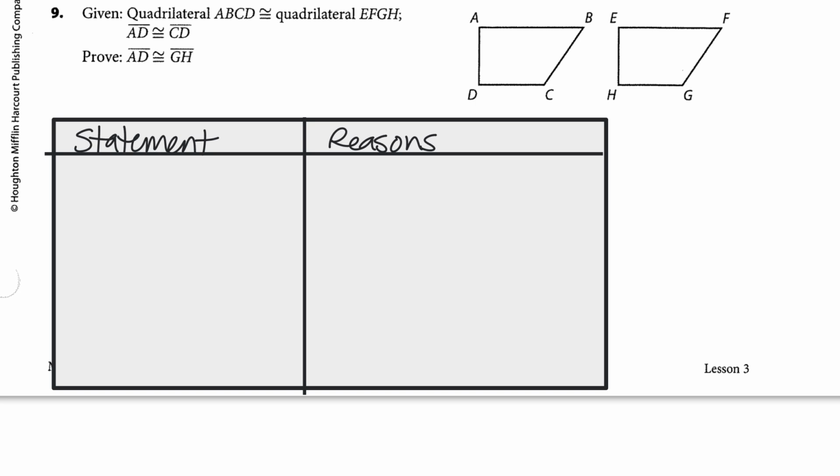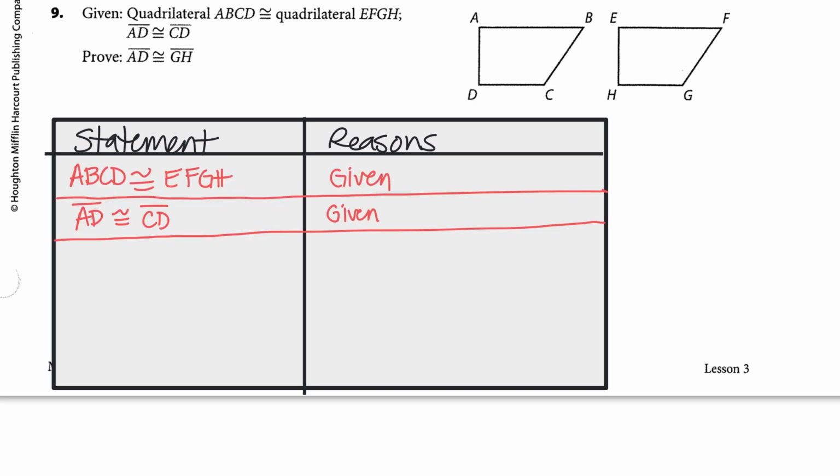Given quadrilateral ABCD is congruent to EFGH and AD is congruent to CD, prove that AD is congruent to GH. Again, we'll start by listing the givens. It may also be helpful to label the pieces we know. We were just told AD is the same as CD.